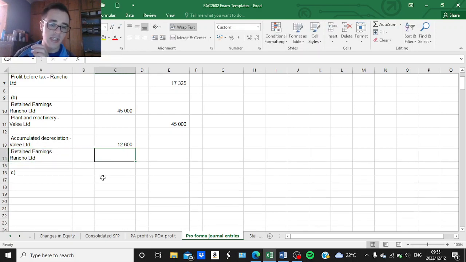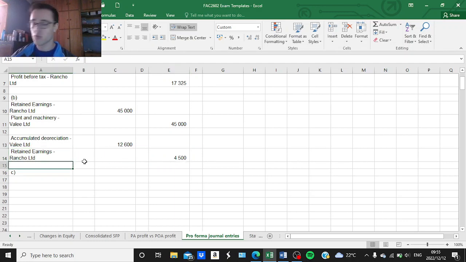And the amount that you use here is 4,500, because that is the amount for unrealized depreciation in respect of the previous year. Okay, so the unrealized depreciation for the previous year is eliminated against retained earnings, and the other account that will be credited is normally depreciation, so the depreciation expense, also of the company that made the unrealized profit.